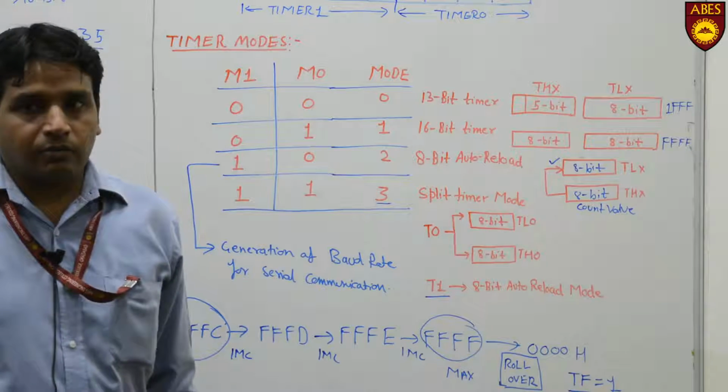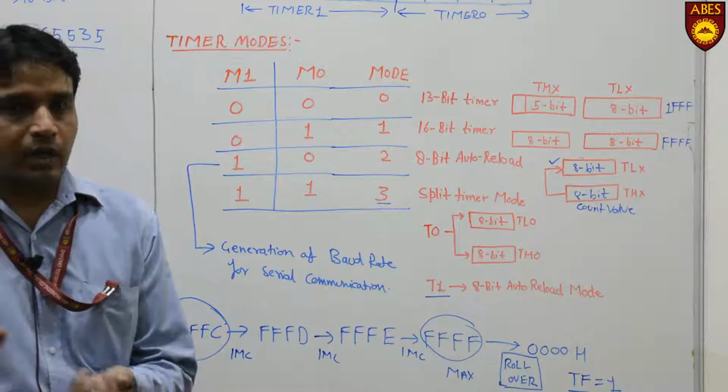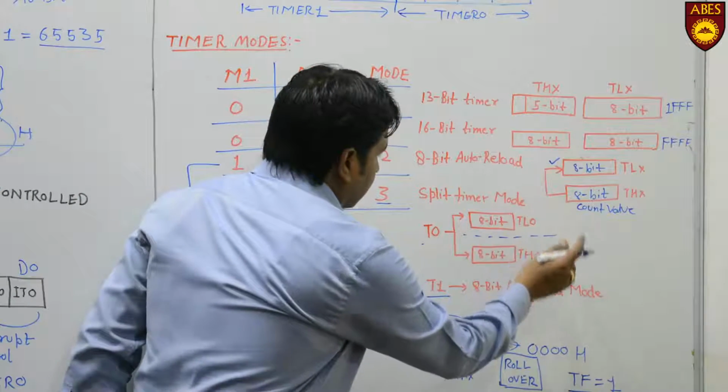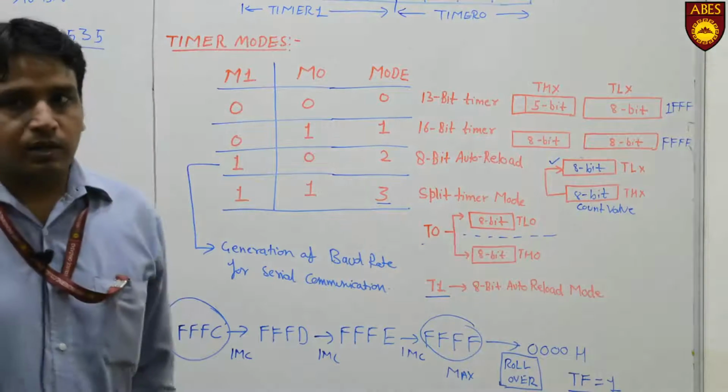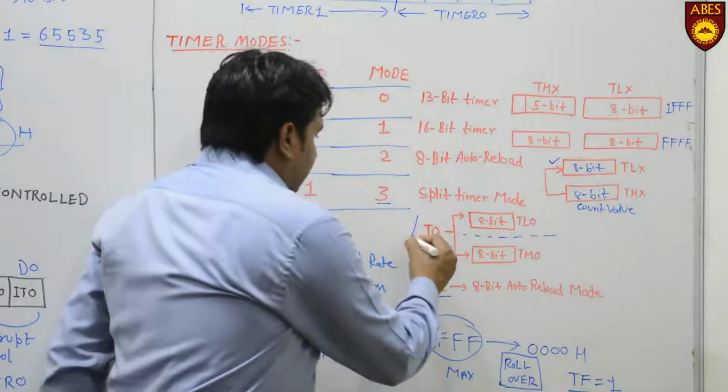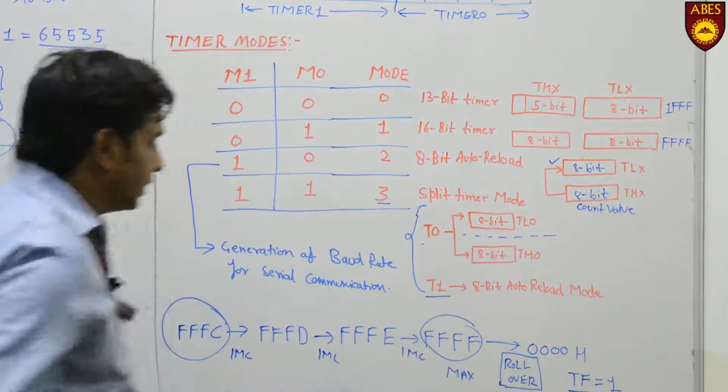So basically in mode 3 we have three different timer counters: timer 0 is divided into two parts, TL0 and TH0, while T1 is a separate timer counter, and in total we have three timer counters in mode 3.